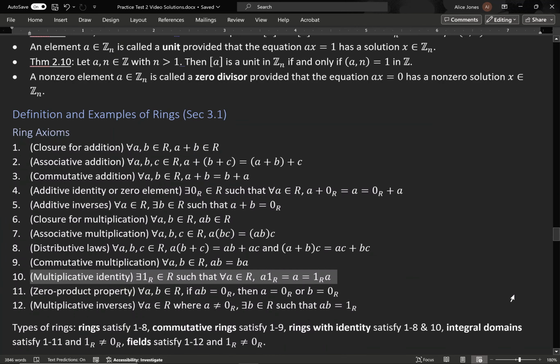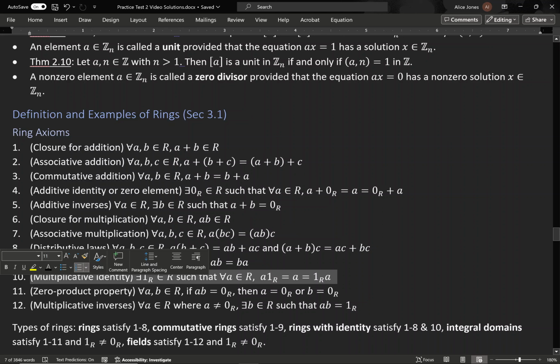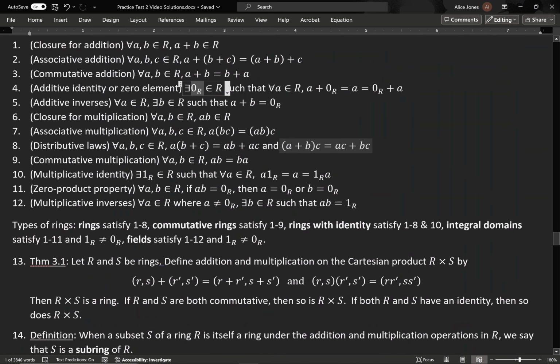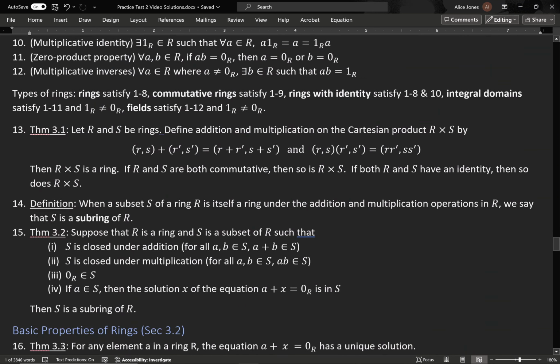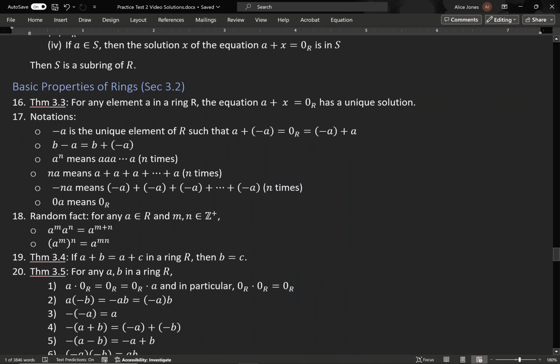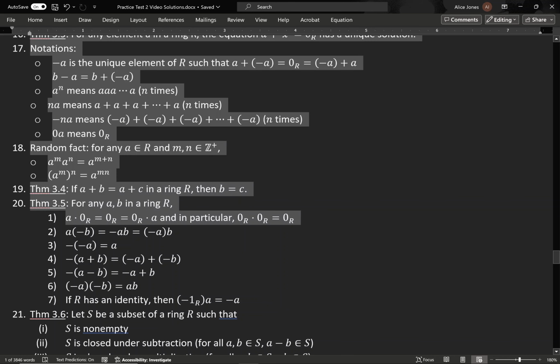Oh, it's 10, sorry, I misspoke. So not all rings have axiom 10, but they do all have an additive identity, 0, and 0 does commute multiplicatively because of one of the properties we have for rings, right here, theorem 3.5.